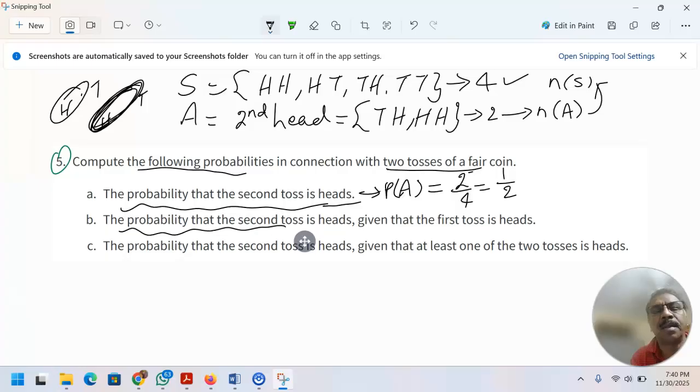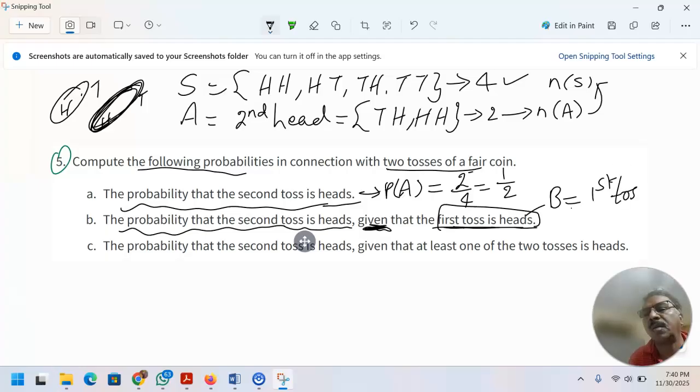Find the probability that the second toss is head given that the first toss is head. Now this is the condition. So we'll write down this as B. Let's call B the first toss is a head.